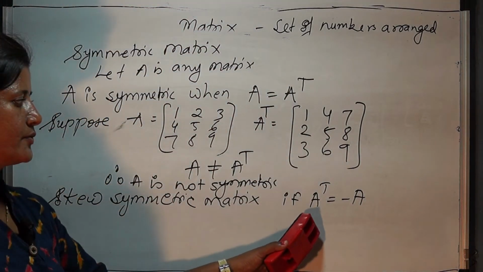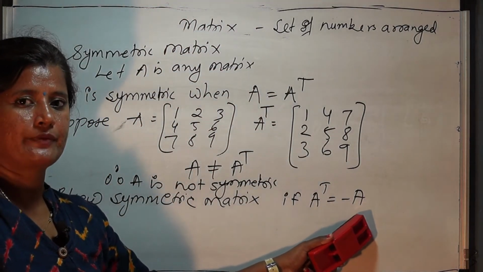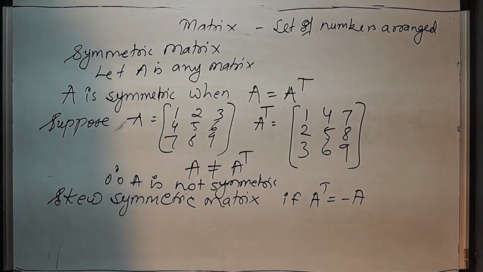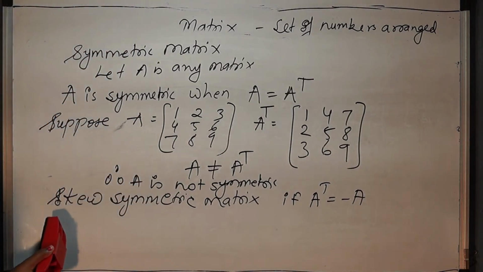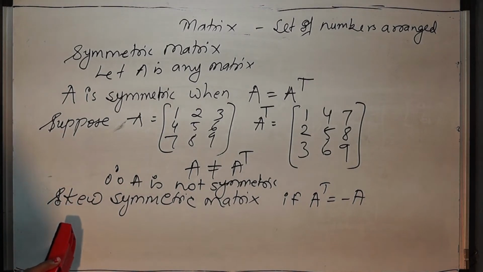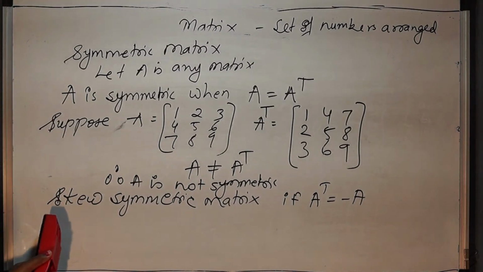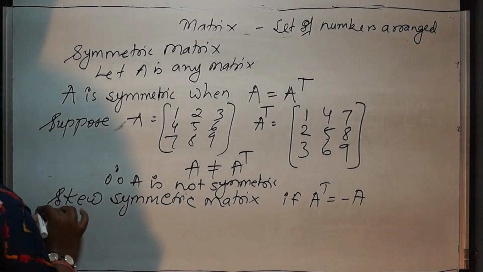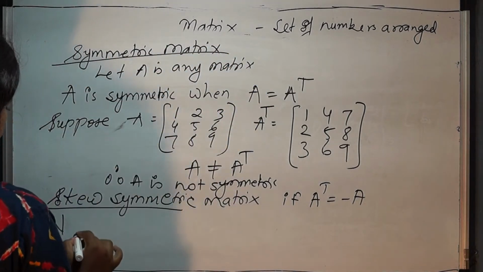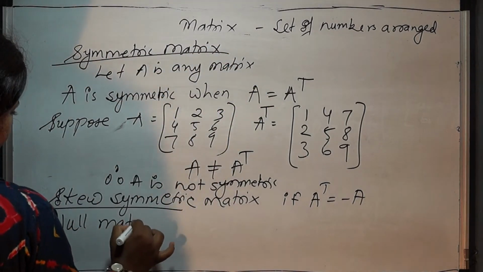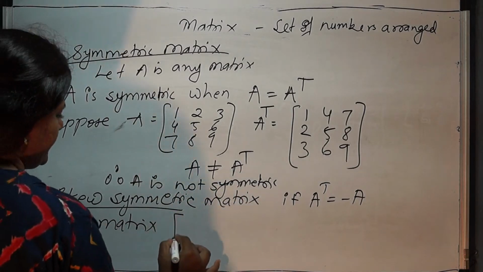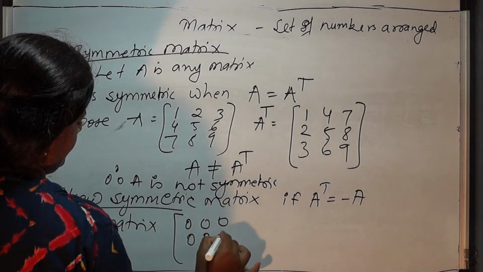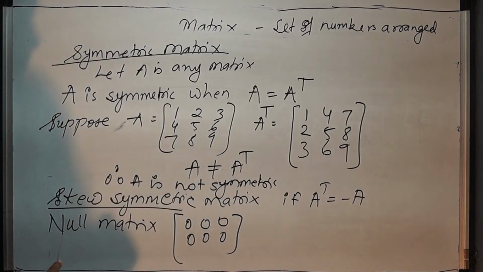If A transpose is equal to minus of A, then we can say that A is skew symmetric. The last one, null matrix. Null matrix means the matrix having no elements. This is a null matrix. No elements means null matrix.